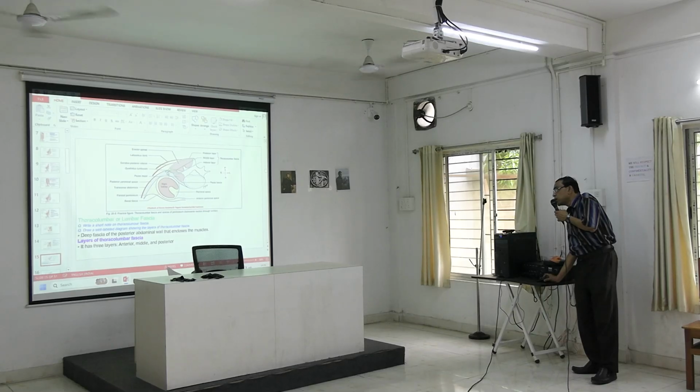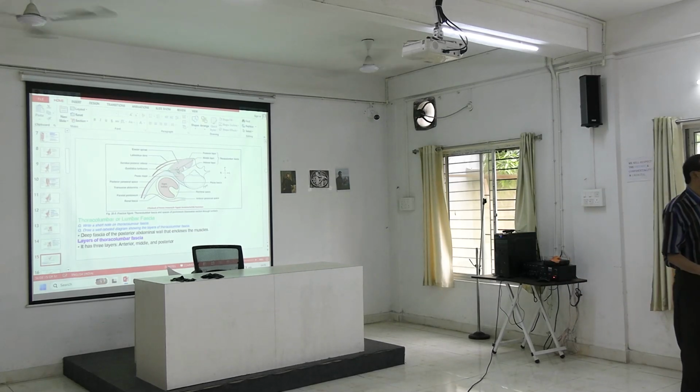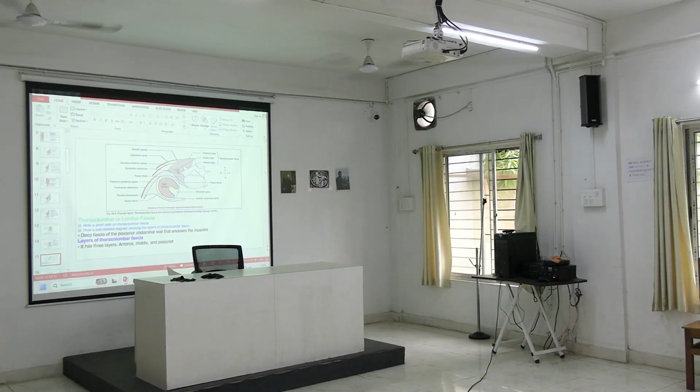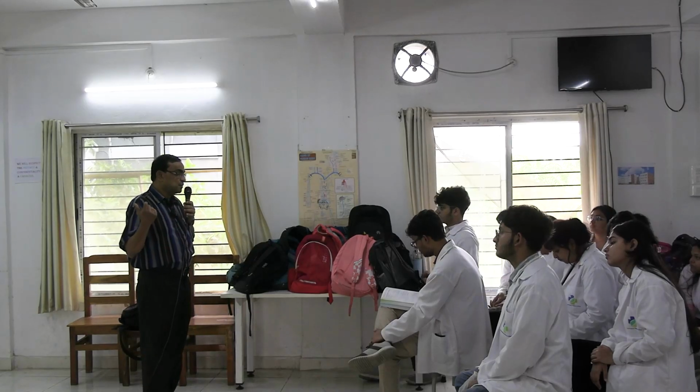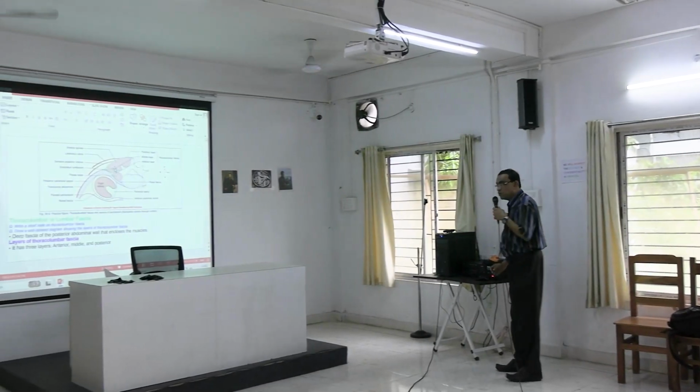So this is the thoracolumbar fascia. In between the middle layer and the posterior layer, we can get the erector spinae group of muscle, which causes erection of the spine. So these are the three layers of the thoracolumbar fascia.